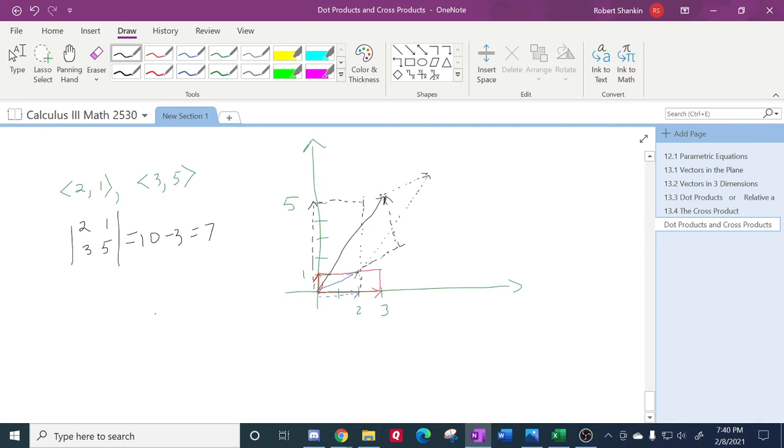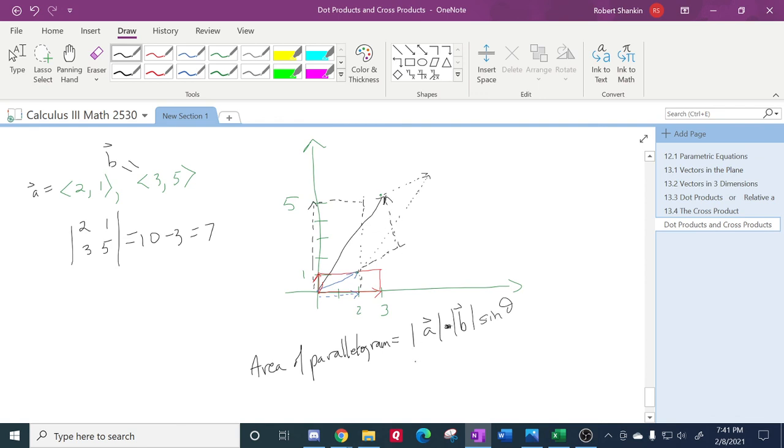So if this is A and this is B, the area of the parallelogram is the magnitude of A times the magnitude of B times the sine of the angle in between them. And that's clear from the picture.